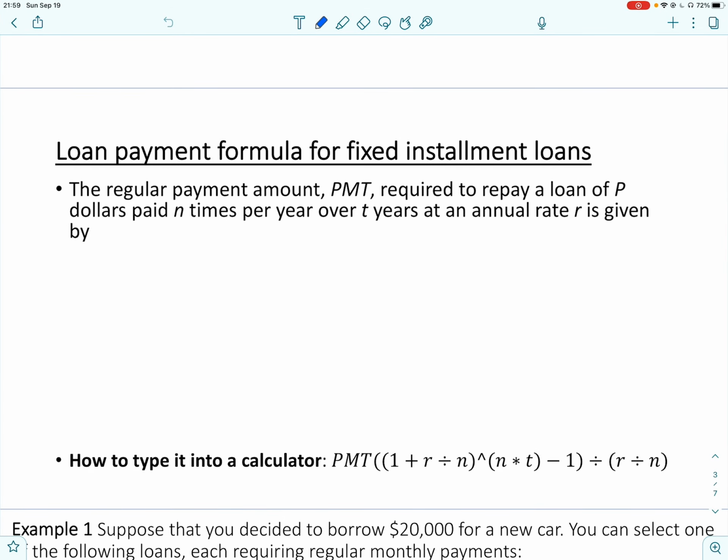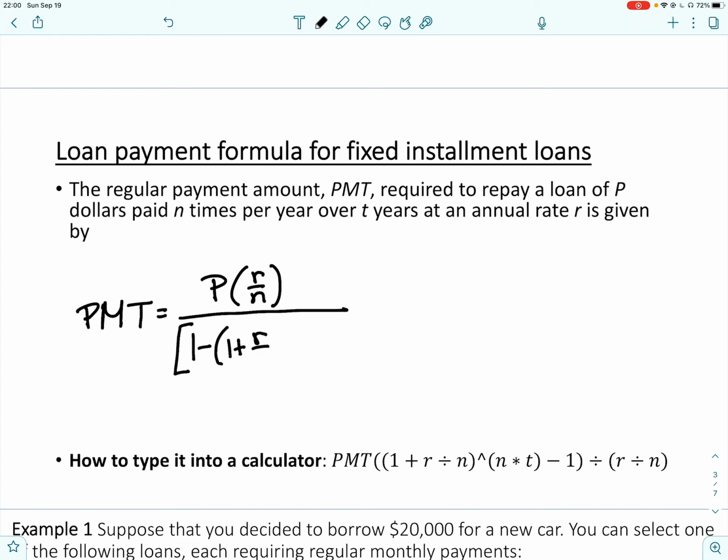So the loan payment formula for fixed installment loans. The regular payment amount required to repay a loan of P dollars paid N times per year over T years at an annual rate R is given by: the payment is P times R over N, divided by 1 minus 1 plus R over N to the negative NT power.